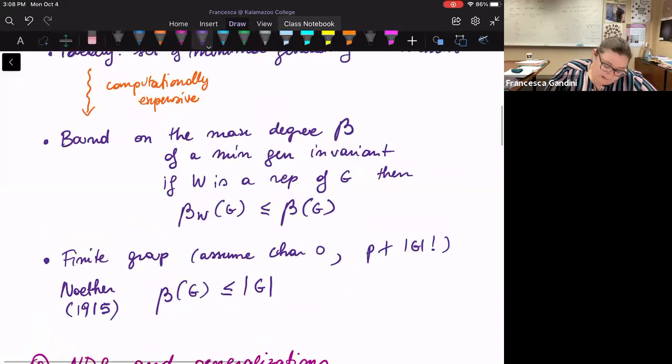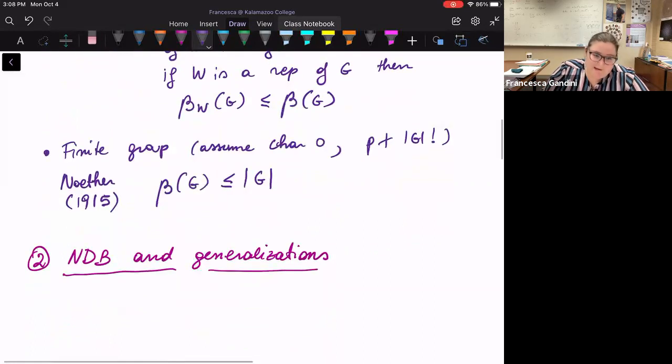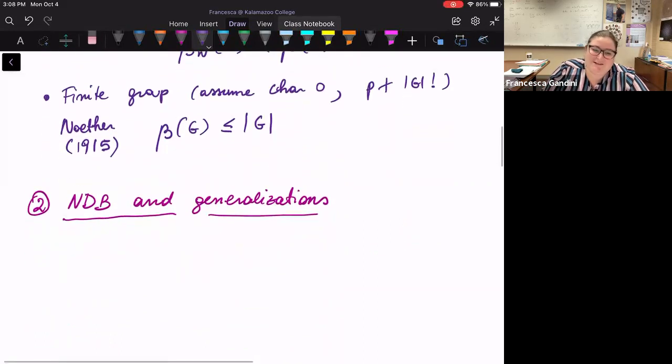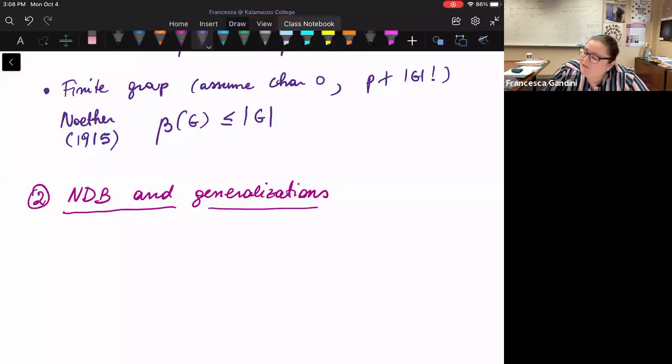And because this result is so powerful from the computational point of view, people have tried to generalize it to different contexts. And around the year 2000, there was kind of a race to the generalization to characteristic P. So a little bit of the history here.